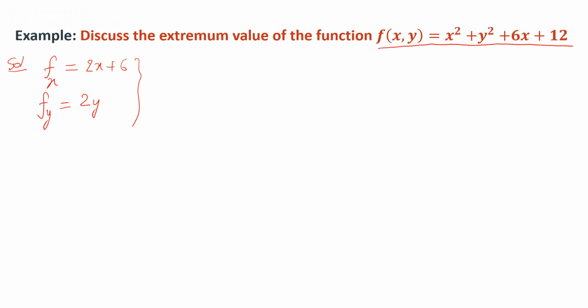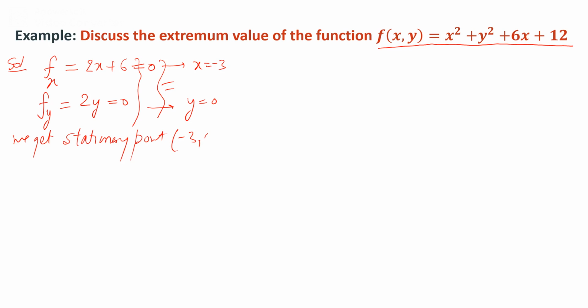Now put these equal to 0 and solve simultaneously: the first equation implies x is equal to minus 3, and the second implies y is equal to 0. So we get the stationary point minus 3 and 0.